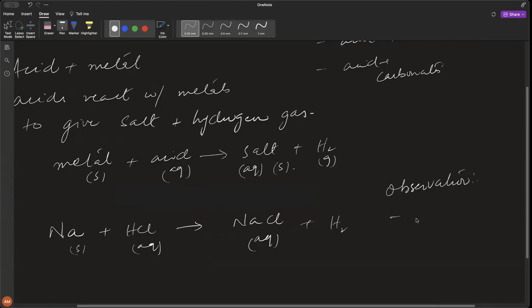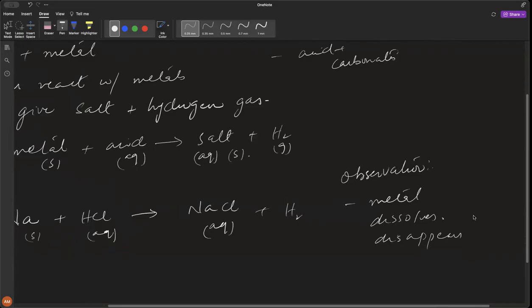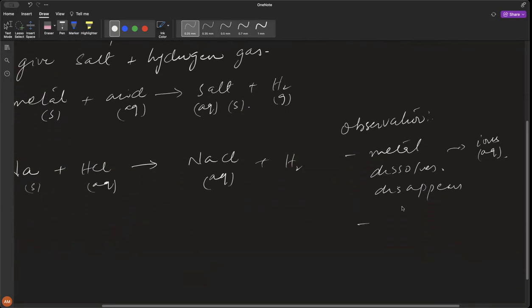The metal dissolves, disappears in layman's terms. In reality, it is dissolving. What does that mean? It is being converted into ions, forming aqueous ions, becoming aqueous, right? And number two, bubbles.